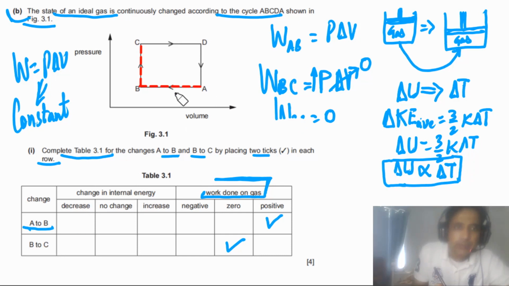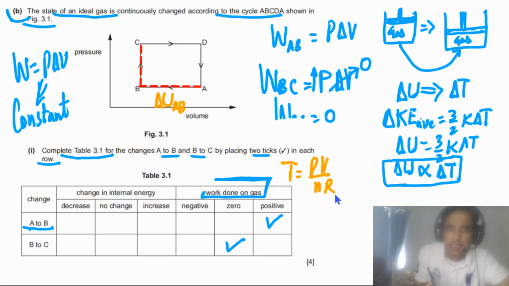Now let's try to find out how internal energy is changing between A and B. Internal energy depends on change in temperature. So we can use the ideal gas equation. We can say T is equal to PV divided by NR.